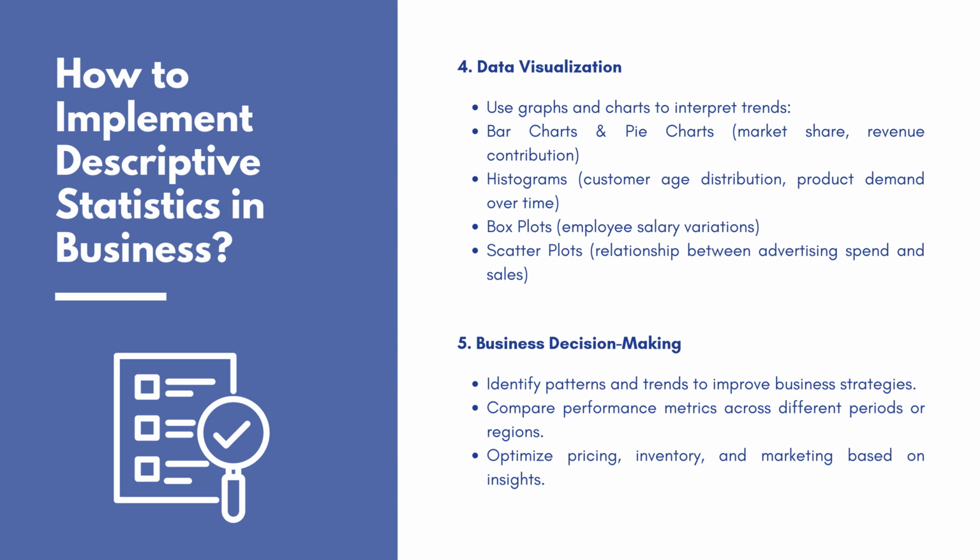Fourth, data visualization by using graphs and charts to interpret trends. And the last one, business decision making. Identify patterns and trends to improve business strategies, compare performance metrics across different periods or regions, optimize pricing, inventory, and marketing based on insights.